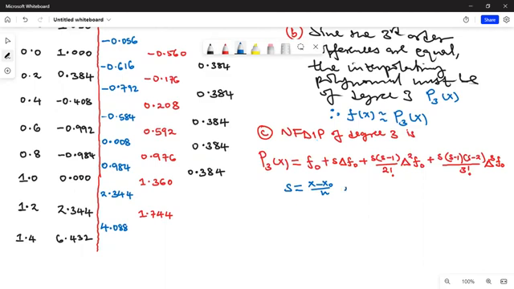If you look at the spacing, it is 0.2 throughout, because the step size is 0.2. So h is 0.2, the spacing between the x values.